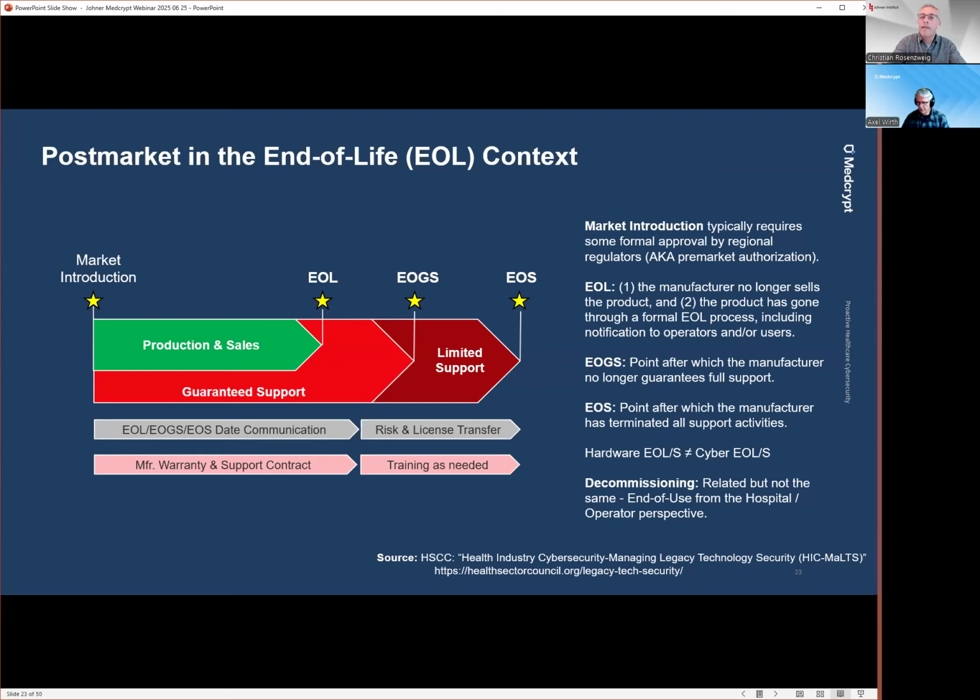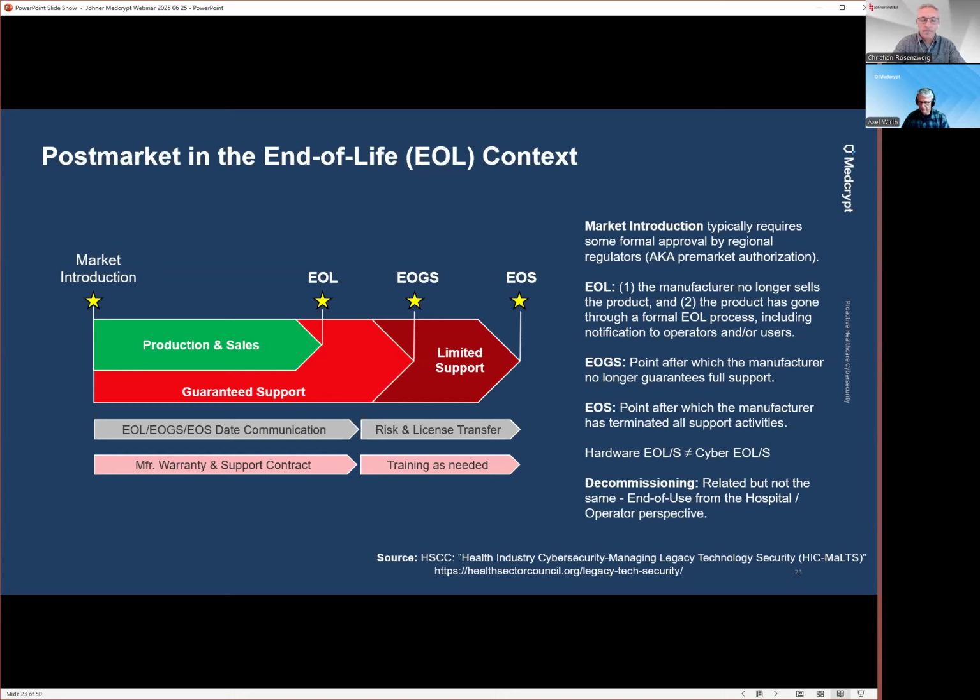Also, the last point here is that I sometimes see people use the end of life concept in the context of the operator, user of a device, the hospital. I don't like to use that term there. It's more an end of use, right? That is different than end of life.